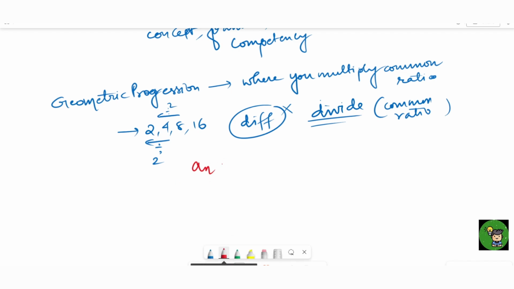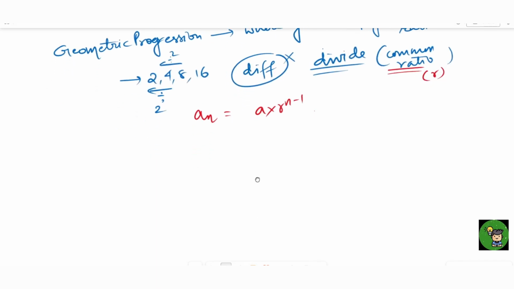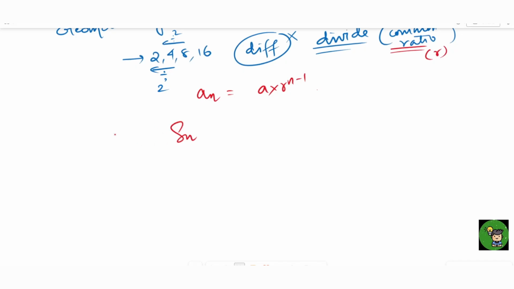Now, how to find the nth term? Nth term in GP is A into R to the power n minus 1, where R is our common ratio. And then we need to find the sum of n terms in GP.